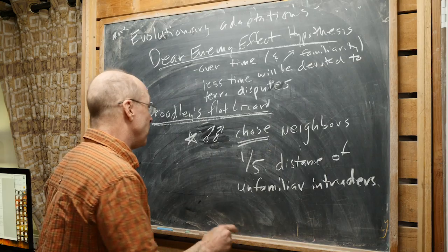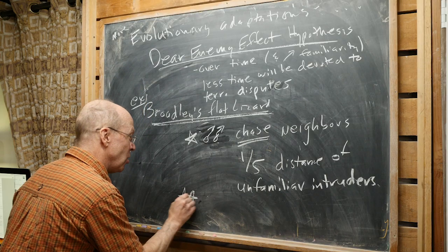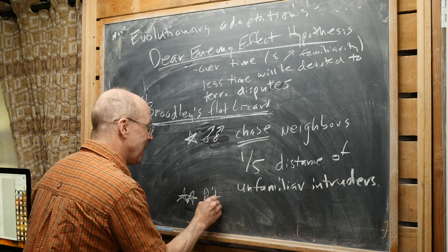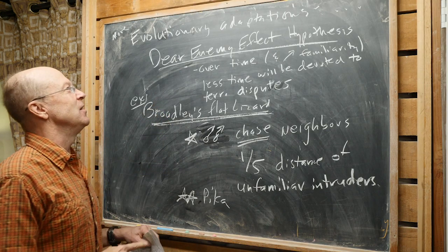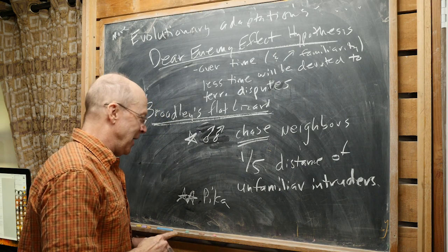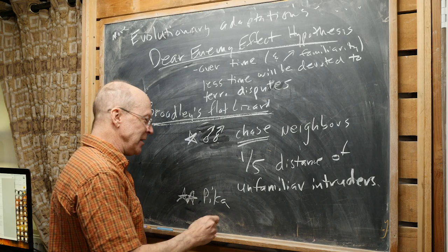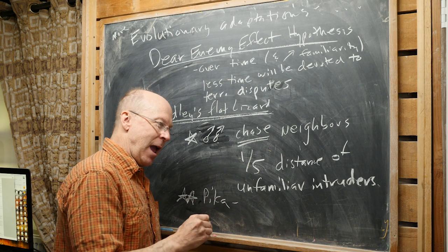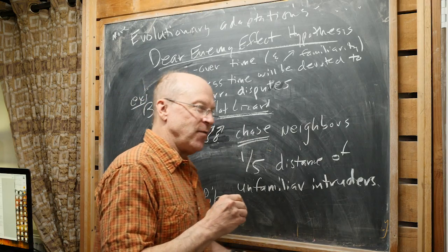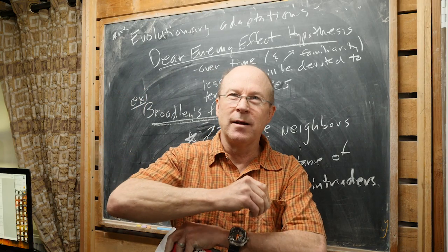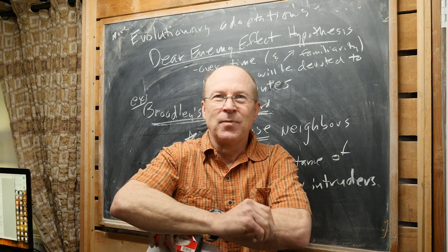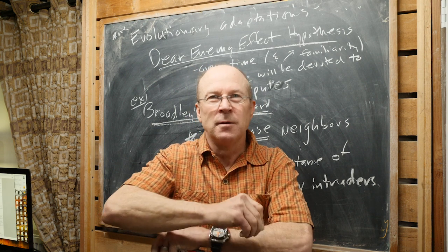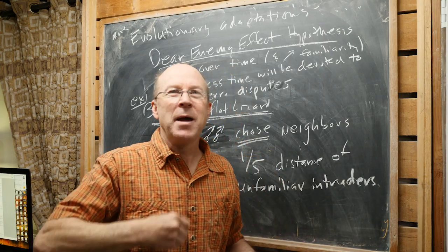Now, remember, another example that I showed you was pika, and this is a modification of a dear enemy effect. I just wanted to remind you that a male and a female will exhibit less intensive kinds of territorial dispute, aggression, than a male and a male.